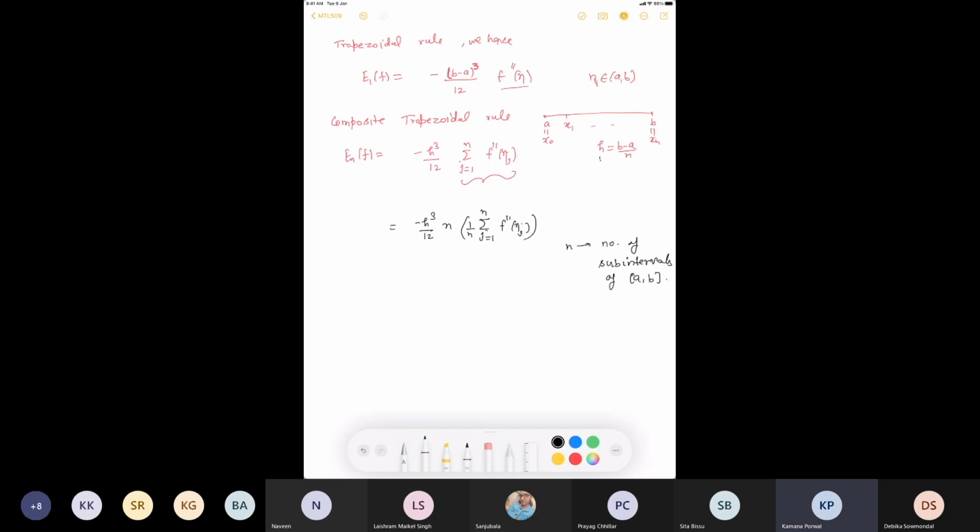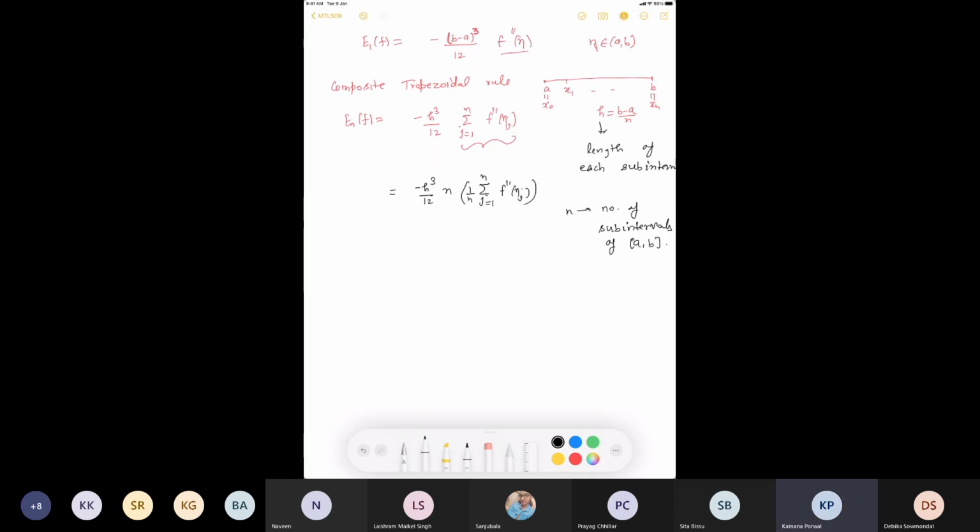Okay, and this is the length of each of the subintervals. Now, if I call this quantity m, that is, m equals 1 by n summation j equals 1 to n, f double prime of eta j.